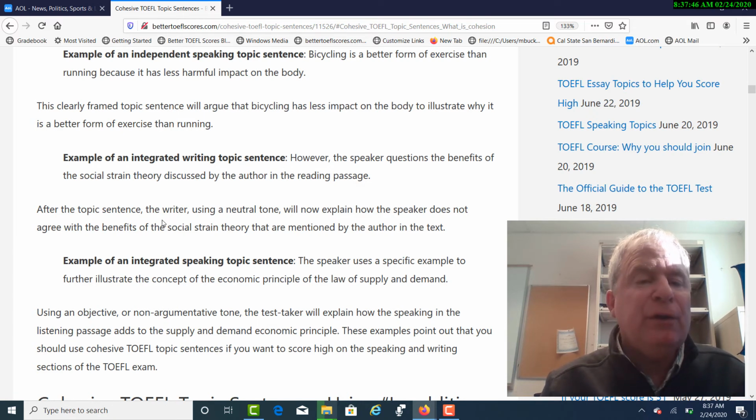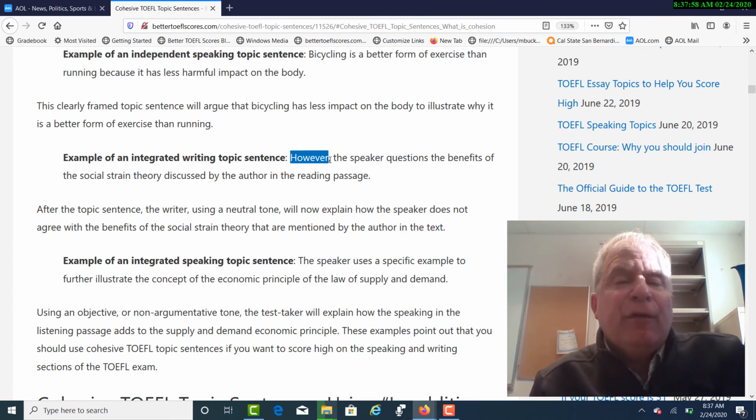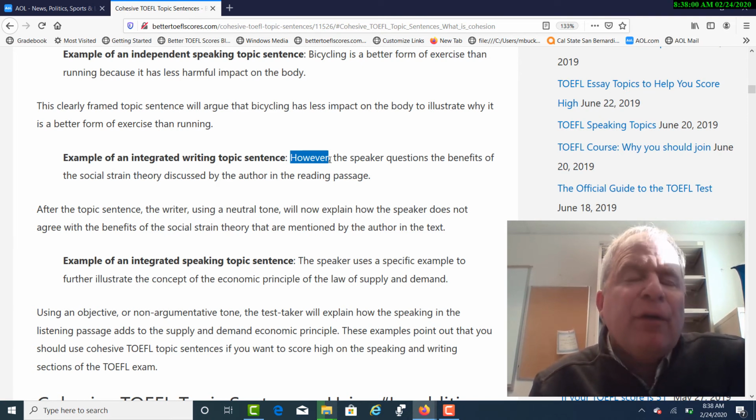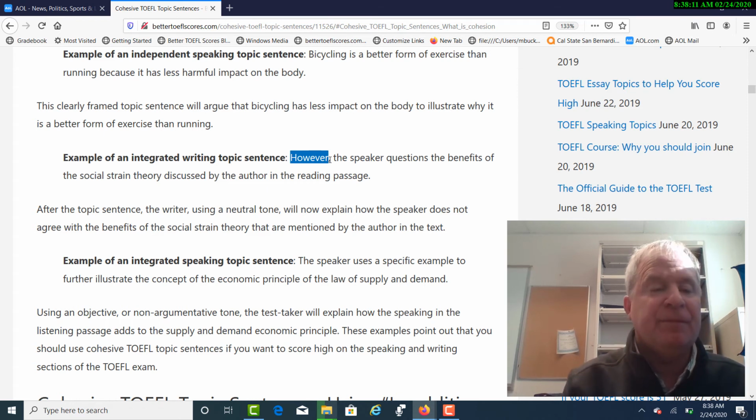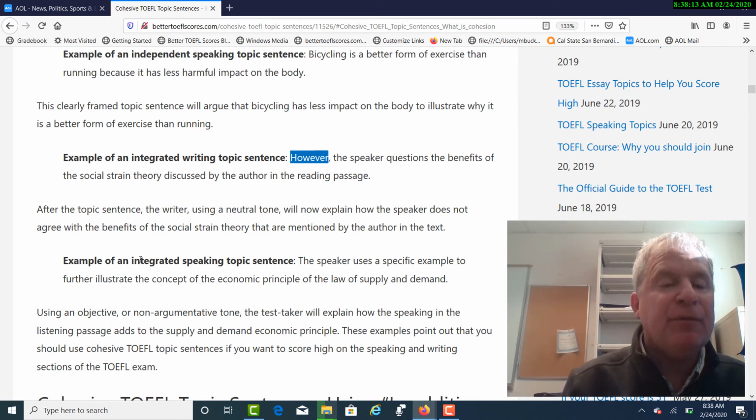So the writer, using a neutral tone, will now explain how the speaker does not agree with the benefits of the social strain theory that are mentioned by the author in the text. A word like "however" can be very effective for this type of task because it shows a contrast, and it's a great word to help cohesively tie this sentence back to the information in the reading, which is the opposite.